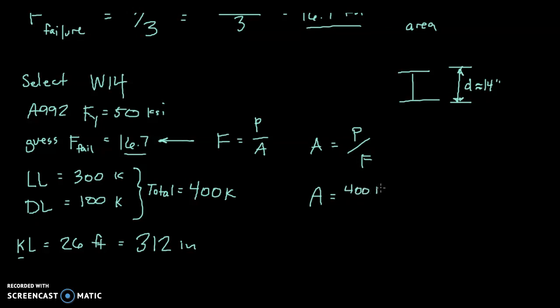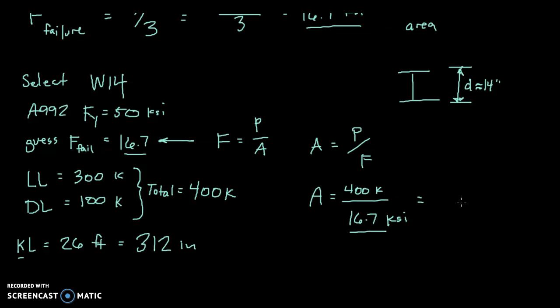400 kips as our total load, and we are guessing, and I can't emphasize this enough, that this is a guess, 16.7 ksi. I've had some students in the past get really hung up on this number and think that, well, that's got to be the number. That is the stress. This is not the failure stress.